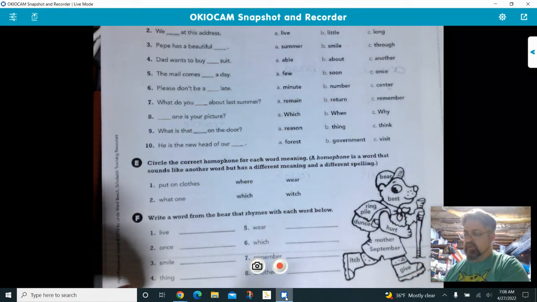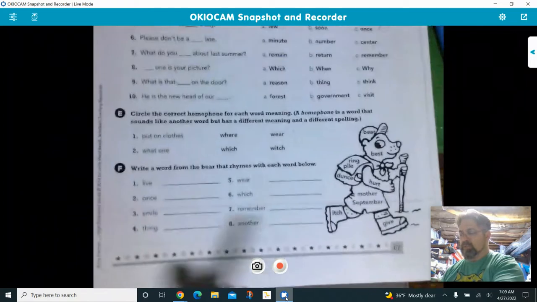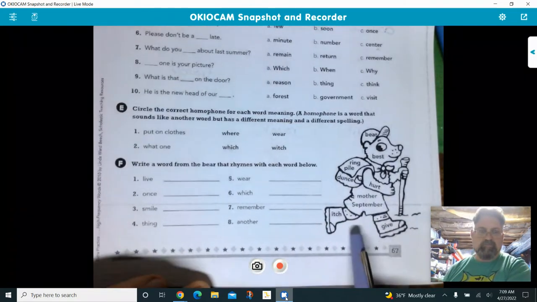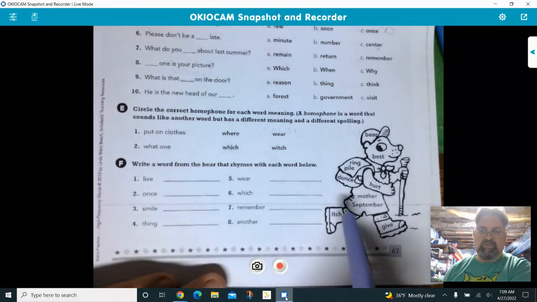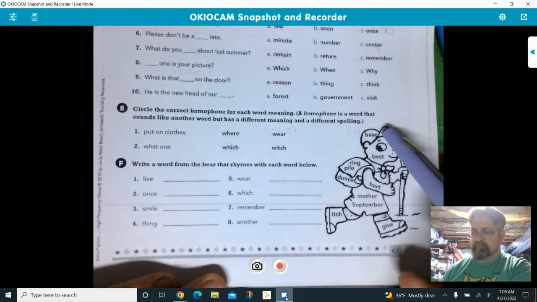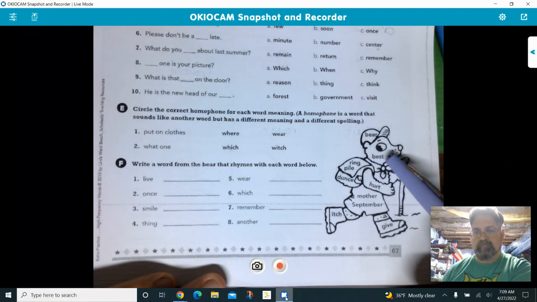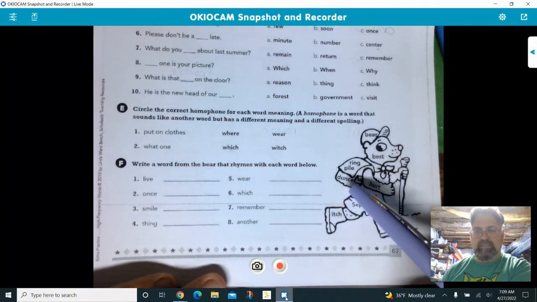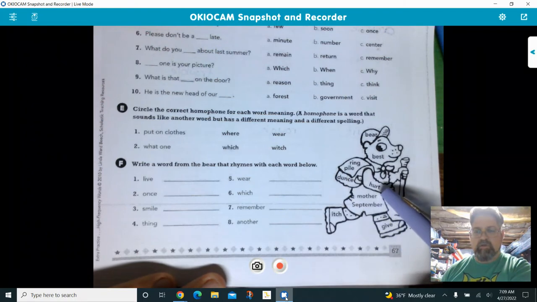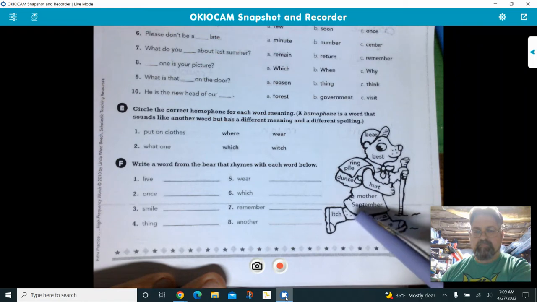Letter F. Write a word from the bear that rhymes with each word below. Here's our bear. Let's go through these bear words. We have bear, best, ring, pile, dunce, hurt, mother, September, itch, and give.